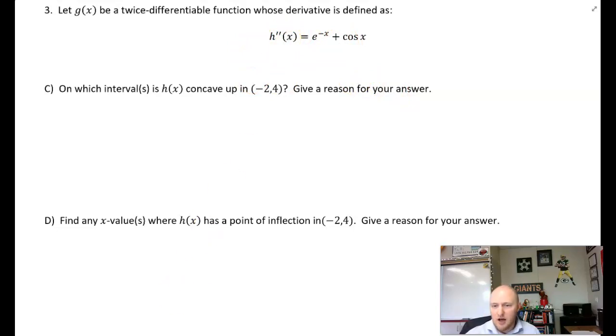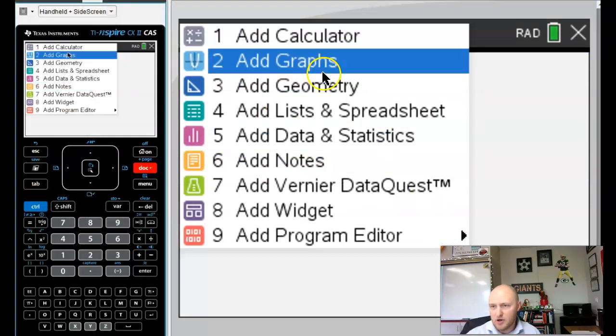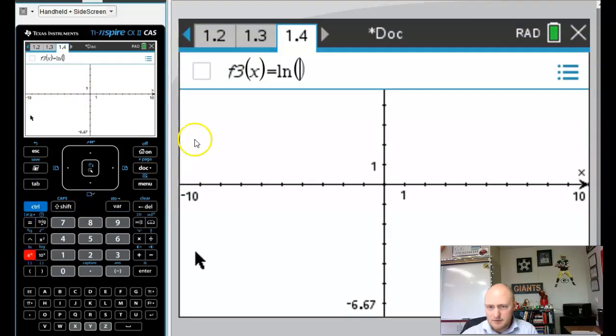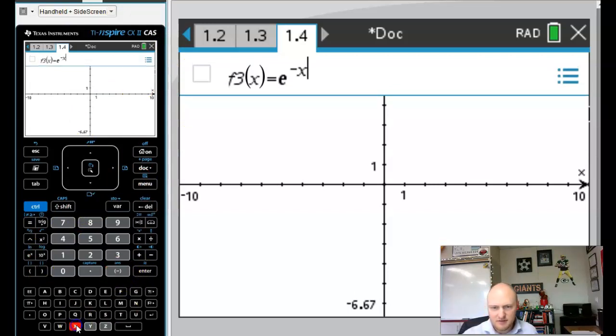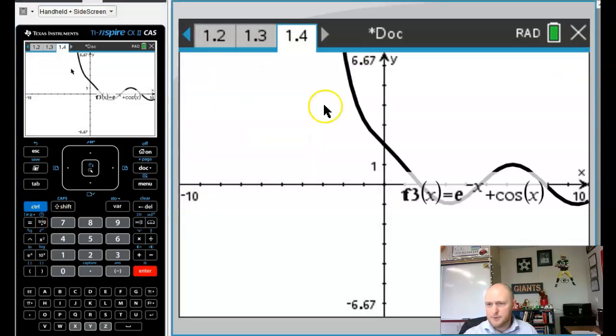So I'm going to go ahead and graph this. We'll go ahead, open up a new graph, and we'll graph our function e. I keep hitting second function. I just want the original. e to the power of -x plus cosine of x. Cosine of x, okay.